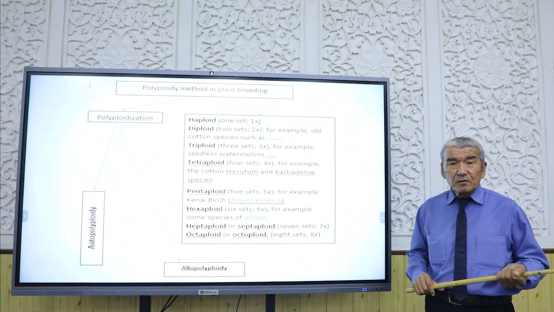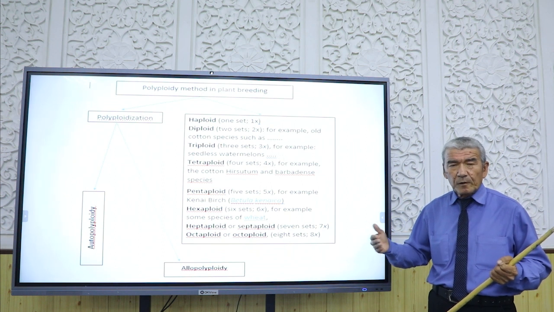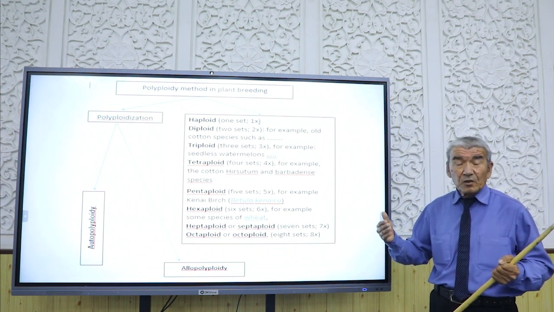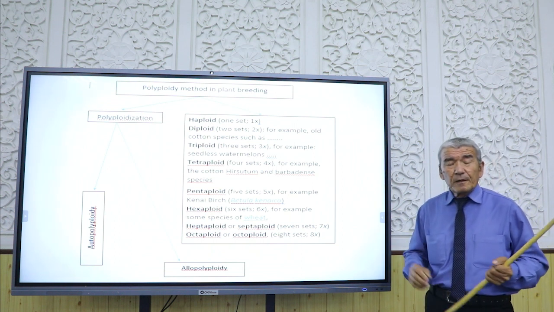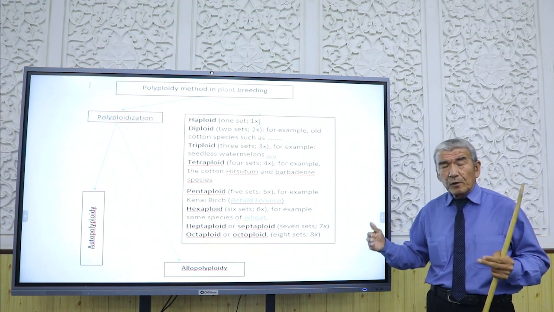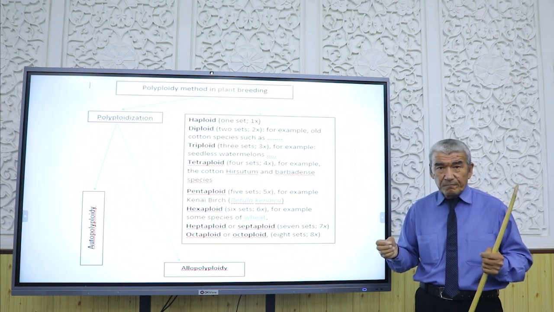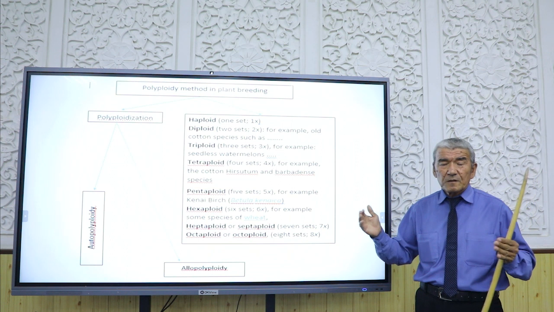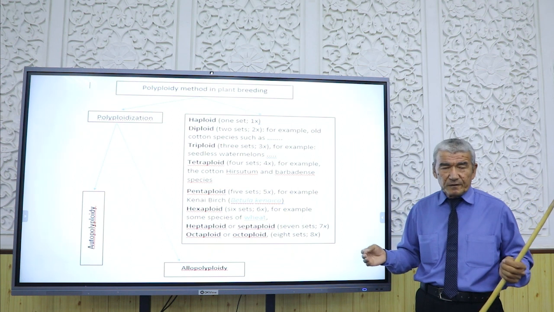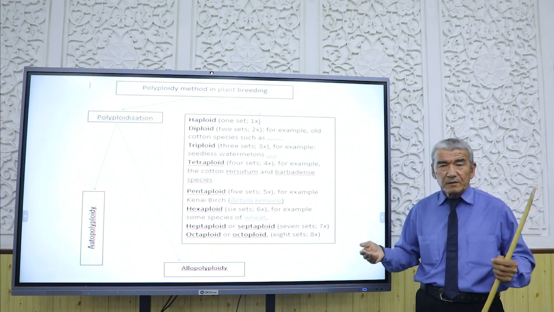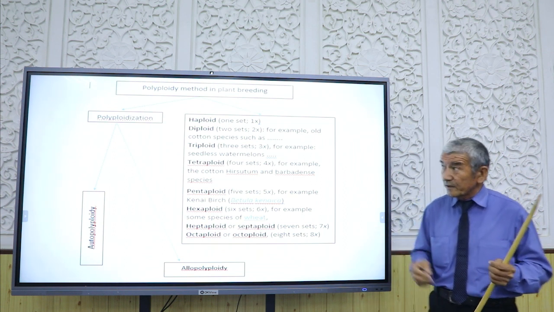Scientists nowadays use the getting of polyploid forms as a term: polyploidization. We have new polyploid plants through the process of hybridization, to combine desirable traits and properties of both parental forms, to get more productive plants as a result of polyploidization.